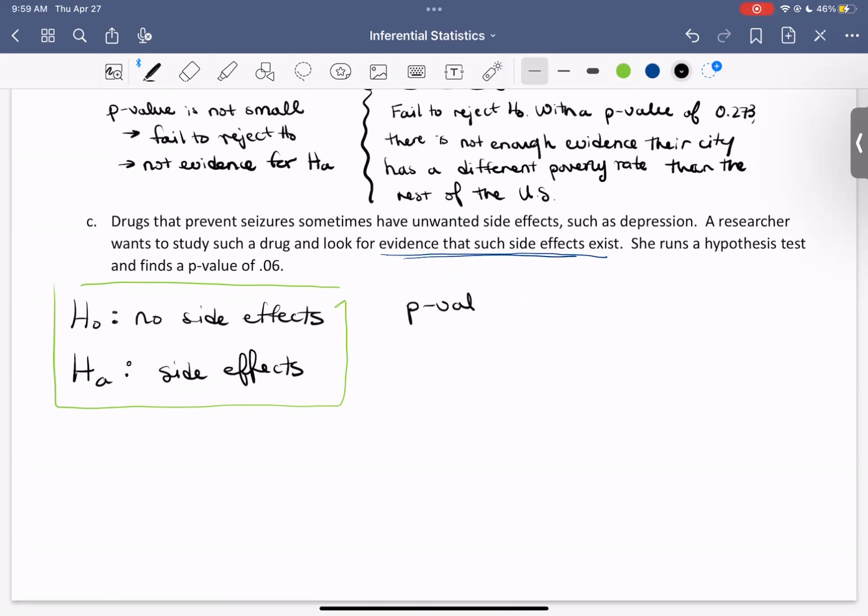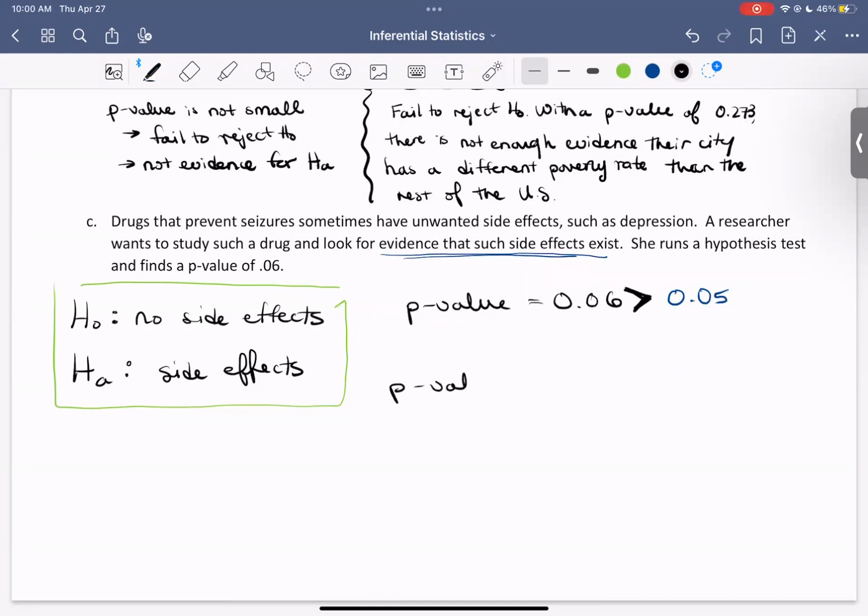So we have a p-value of 0.06. And then we'd say, well, how does this compare to the alpha of 0.05? So the p-value is pretty small. 6% of the time she'd get the data that she found in her sample. But this 6% is still an acceptable probability for us because it's larger than alpha.